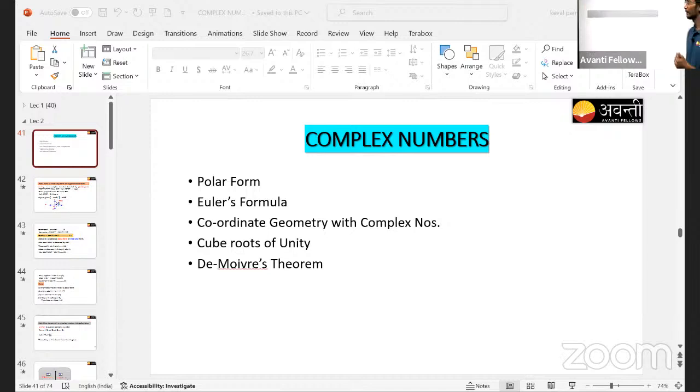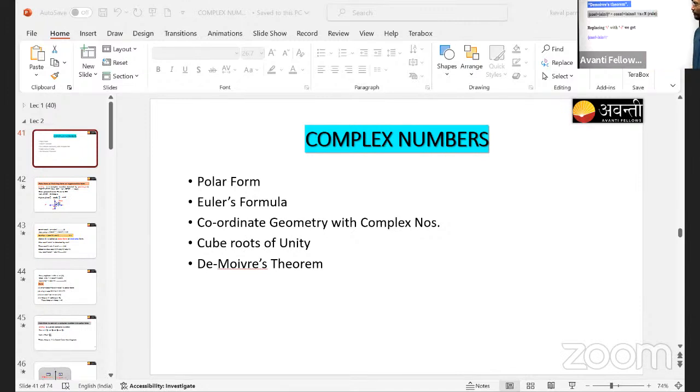Now, what is the last part? The last part is de Moivre's theorem. De Moivre's theorem, you can say, is basically derived from Euler's formula. You can easily see, I hope you know. This is de Moivre's theorem, and these are the deductions of de Moivre's theorem, the same as we did with Euler's formula.